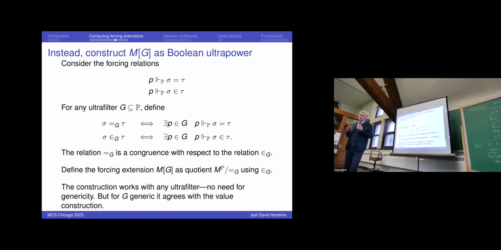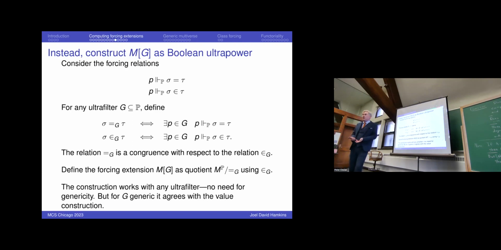This is a generalization of the Łoś construction, the model theoretic construction. Of course, the ordinary use of ultrapowers in logic and model theory is always on the power set algebra, but you can define the ultrapower by any Boolean algebra, and that's what the Boolean ultrapower is about, and there's no need for genericity. In fact, you can define the forcing extension without ever talking about genericity or the generic filter.